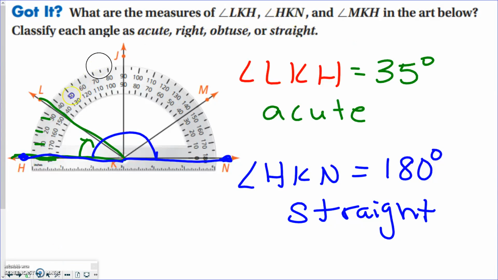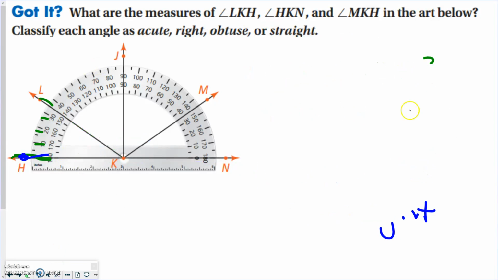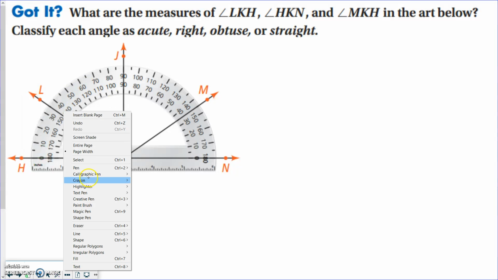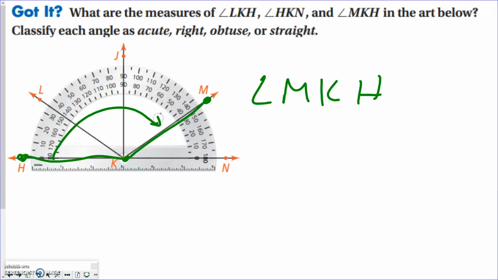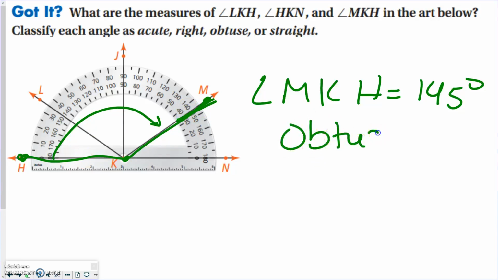Let me erase what I've got here so I can do the other one. And lastly, angle MKH. I'm going to trace M to K to H. It also starts at 0, and this angle goes all the way to 145 degrees right here. So that must be obtuse.